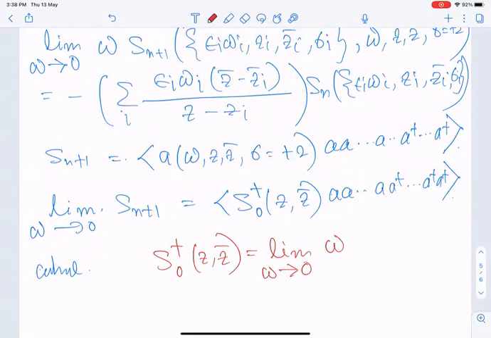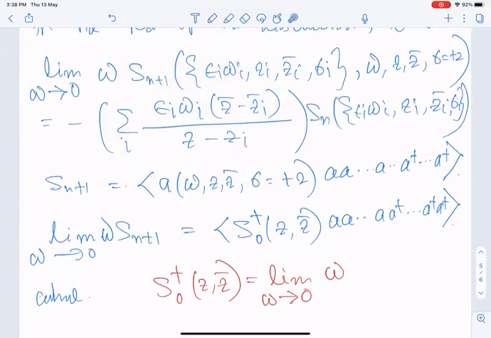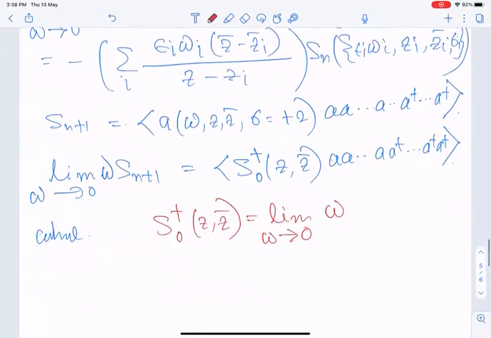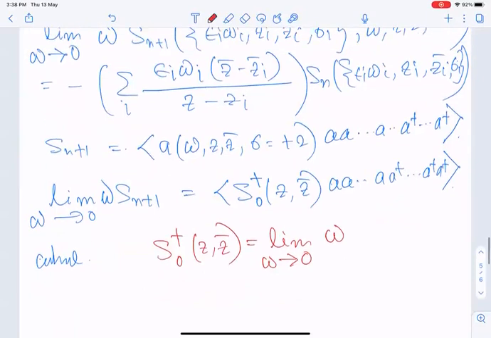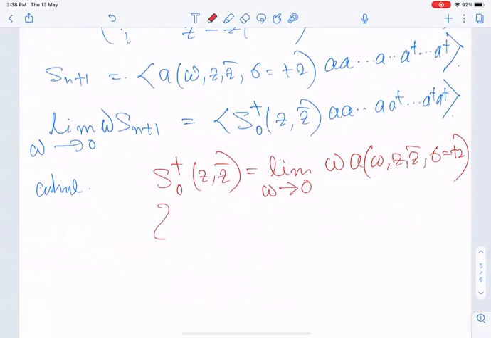Omega is taken in, sorry. So you multiply this by omega, it is essentially this thing. So you get omega times A omega z bar sigma equals plus 2. Okay, so this is called the leading soft graviton.